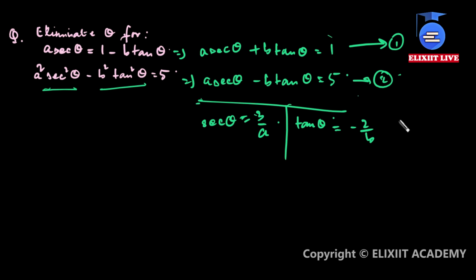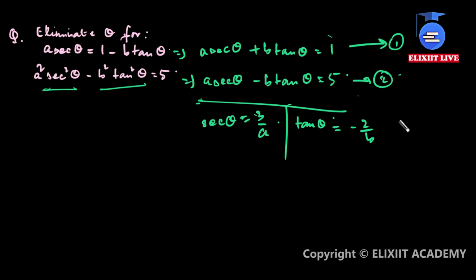Once you add, you will get sec theta. If you subtract, you will get tan theta. Is this clear to all? Fine. So what you need to do is eliminate theta. And you know that we have a relation between tan theta and sec theta, right? Tan theta and sec theta.